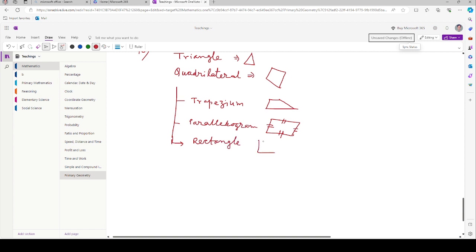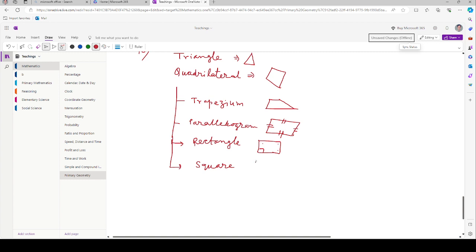If one angle of a parallelogram is 90 degrees, then all other angles will also be 90 degrees, and this figure is known as rectangle. When all sides of a rectangle are equal, this is known as square.